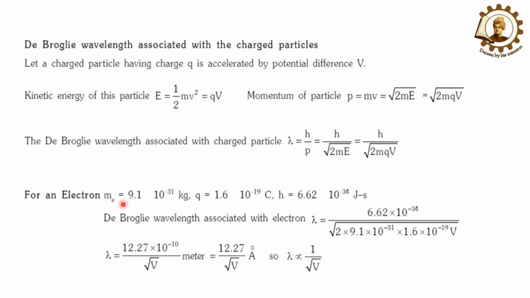For an electron, as an example, we can calculate the wavelength, substituting Planck's constant as 6.6 times 10 raised to minus 34, and the charge and mass of the electron. We get the relation that lambda is proportional to 1 by root over V, where capital V is the potential difference.